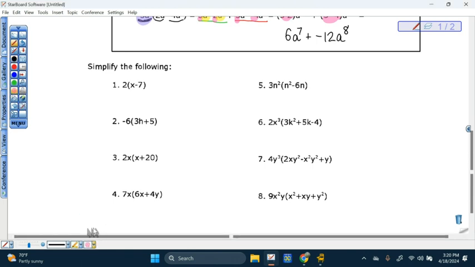So I'm going to take this 7x and multiply it by 6x. 7x times 6x, I do 7 times 6, which is 42. And then x times x? X squared, right? I have 1x here and 1x there, so that makes x to the second.